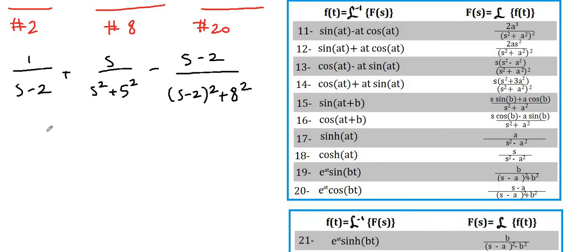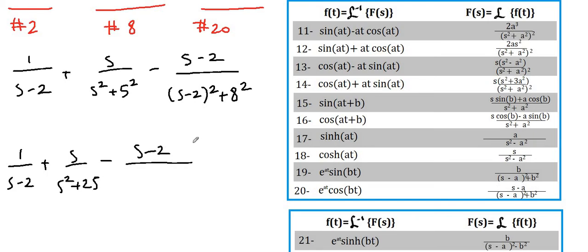Now we can simplify this. 1 over s minus 2 plus s over s squared plus 25 minus s minus 2 over, and if you expand this, you're going to obtain s squared minus 4s plus 4 plus 64, which is going to be s squared minus 4s plus 68. So this is the answer.